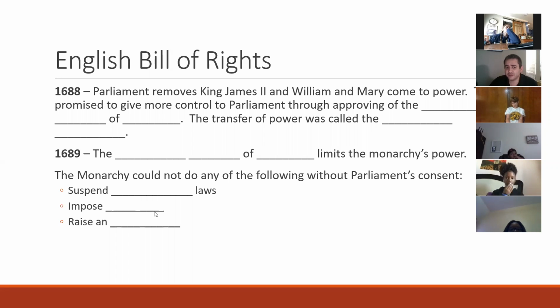Now that's really, really big for the American Revolution. Because if the monarchy can't impose taxes without Parliament's consent, and the colonists are not represented in Parliament, could the monarchy impose taxes on the colonists?